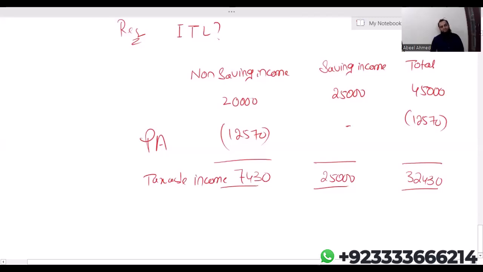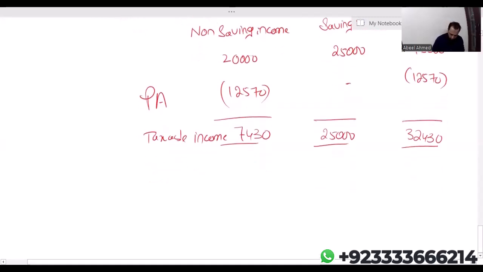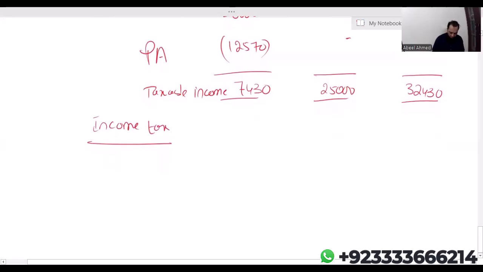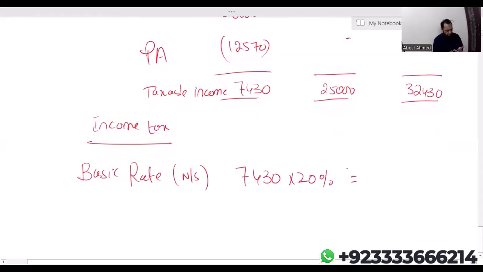Obviously, first you have to apply tax rate on non-saving. Entire 7,430 of the non-saving obviously falls in basic rate band. Non-saving 7,430, applicable rate is 20%. 7,430 into 20%, 1,486.